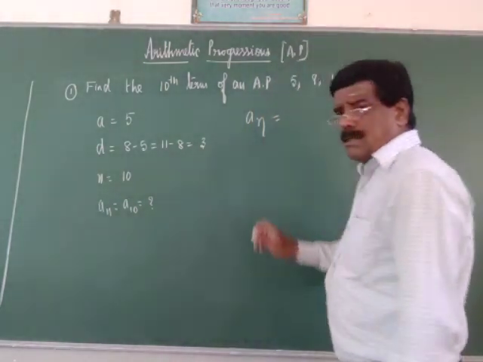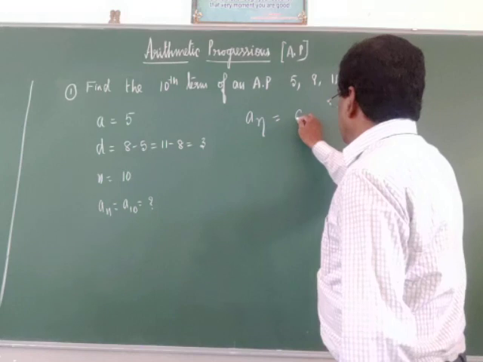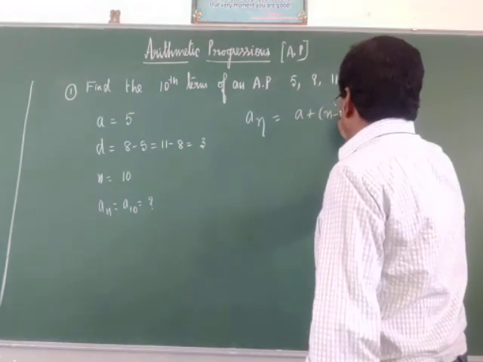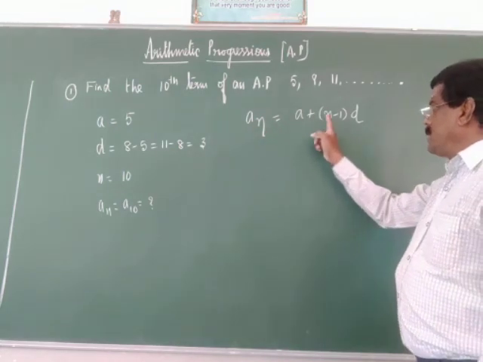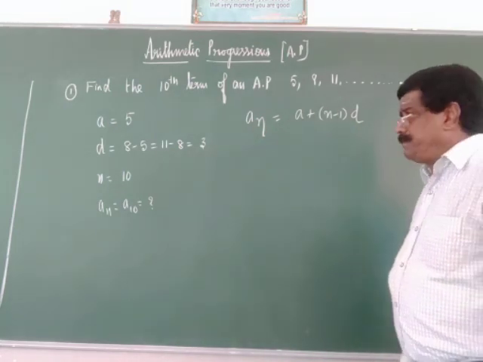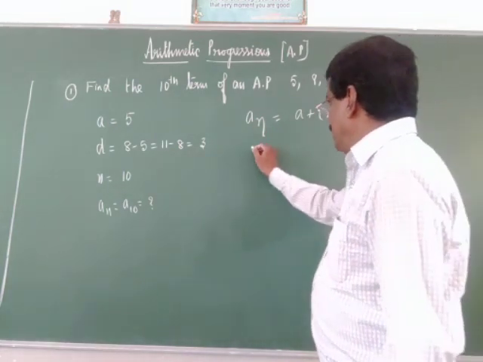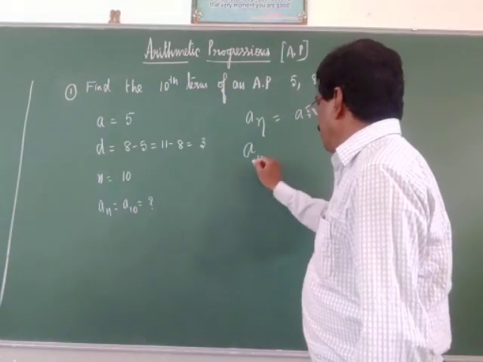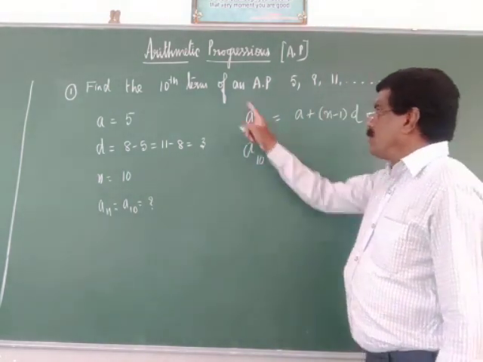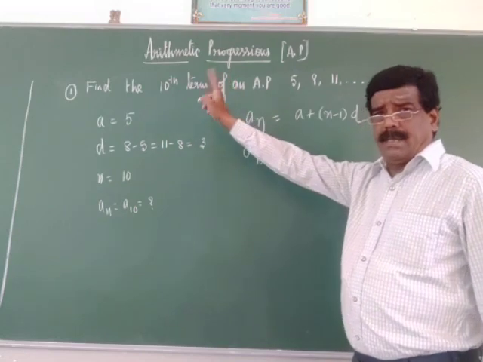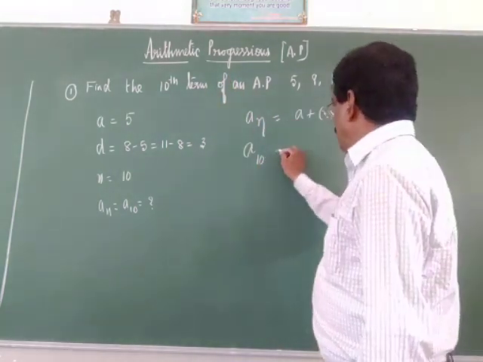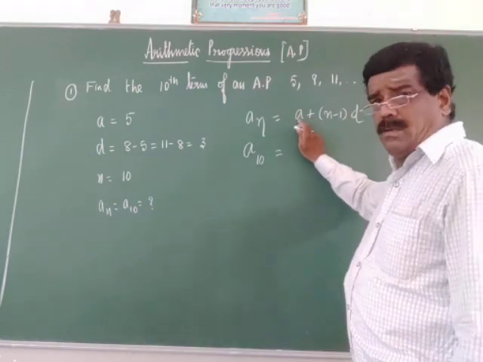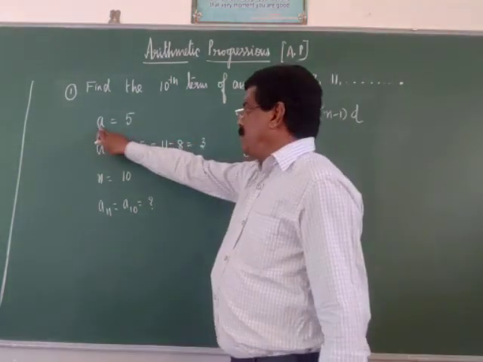The formula is AN is equal to A plus N minus 1 into D. AN is equal to A plus N minus 1 into D. Now N means number of terms, that is 10. This is only the question, 10th term of an AP. 10th term means, in the place of N, write down 10, is equal to A. A means the first term, which is 5.